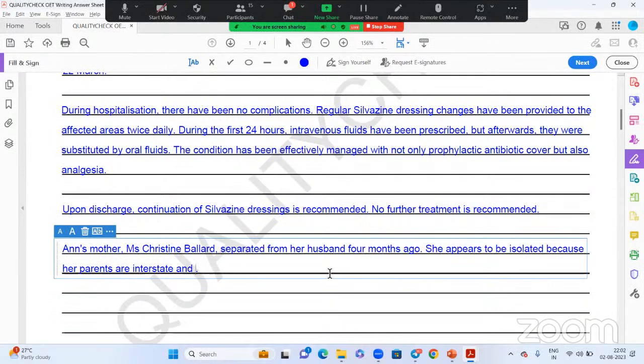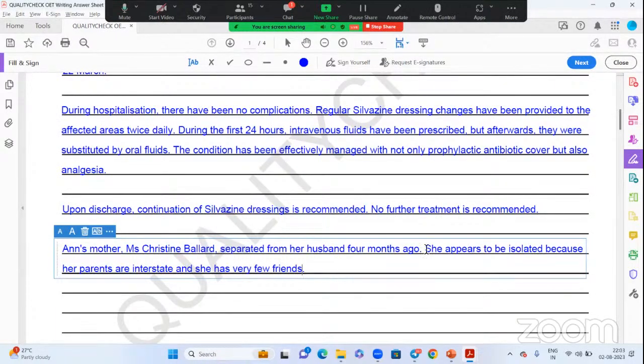And now leave this. And she has very few friends. So this is B grade. She appears to be isolated because, okay, now what you can do is, you can write in another style.